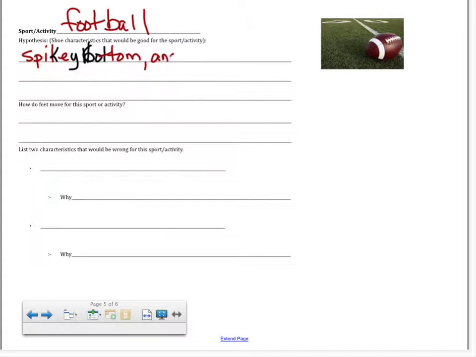Soft sole. No, it's not an argument. This is a hypothesis, which is an educated guess. When someone's guessing, we don't need to argue about it. So he says soft sole for comfort. Yes. Okay.